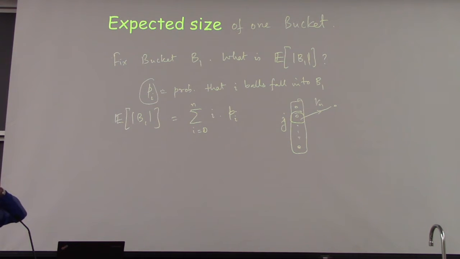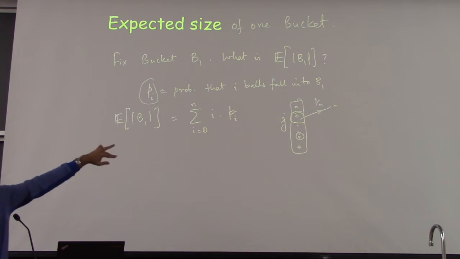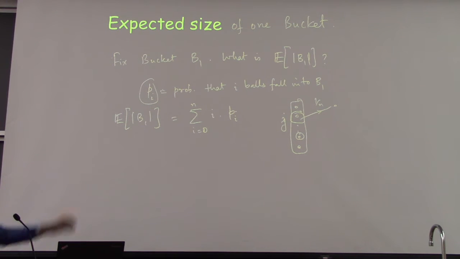If you pick any given collection of i different balls, each has a 1 over n probability, and they're all independent. So the probability that all of them go to B1 is 1 over n to the i. Then you have many ways of picking i different balls, so p_i is n choose i times 1 over n to the i.